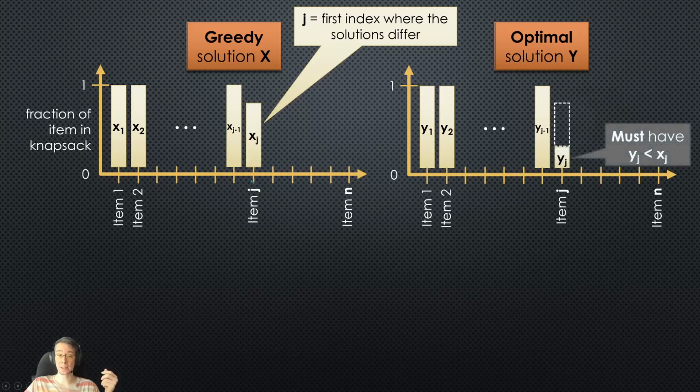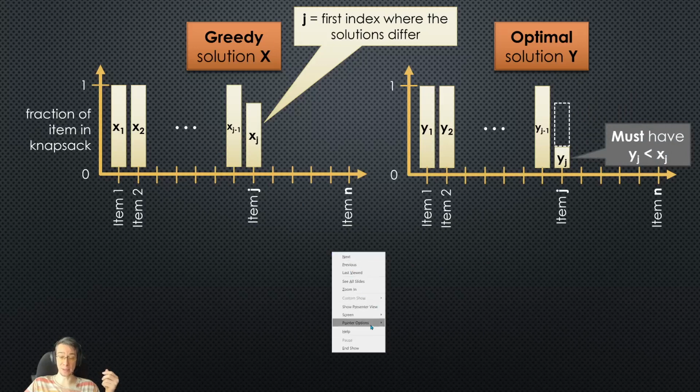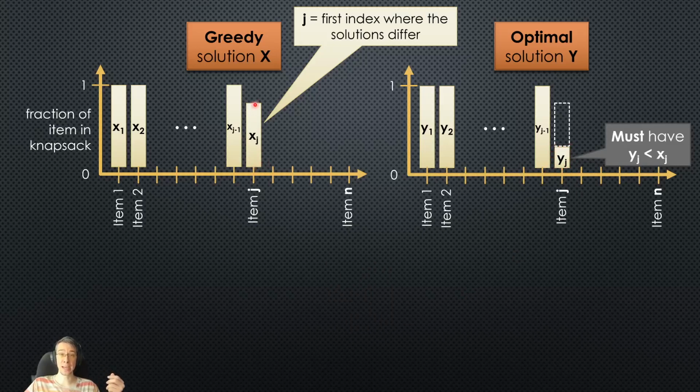Now, xj and yj have to be different because this is the first index where they differ. And we remember, perhaps, from the previous proof that yj has to be less than xj. This is because greedy always takes as much of item j as it can.